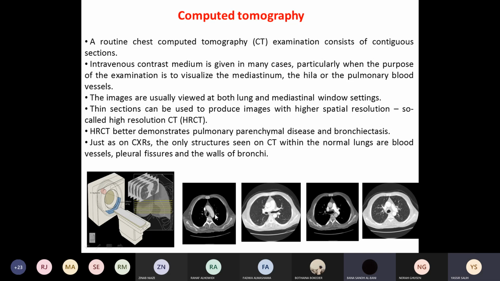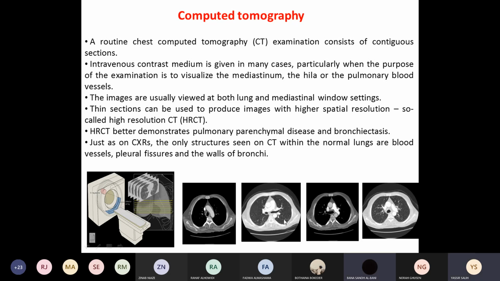But in this one, the details of the lung parenchyma is not clearly seen. So this is called mediastinal window. So the difference between the mediastinal window and lung window is on mediastinal window, the lung parenchyma is not clearly demonstrated, but the vessels and other mediastinal structure are clearly demonstrated.